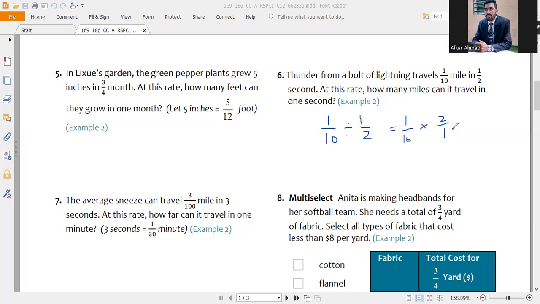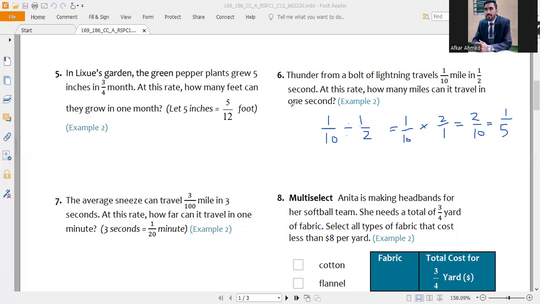Now if you solve it, you multiply the numerators, 2 by 1 will be 2, and the denominators, 10 by 1 will be 10. Now you can simplify this fraction by dividing by 2. 2 divided by 2 will be 1, and 10 divided by 2 will be 5. So basically it travels 1 over 5 miles in 1 second.